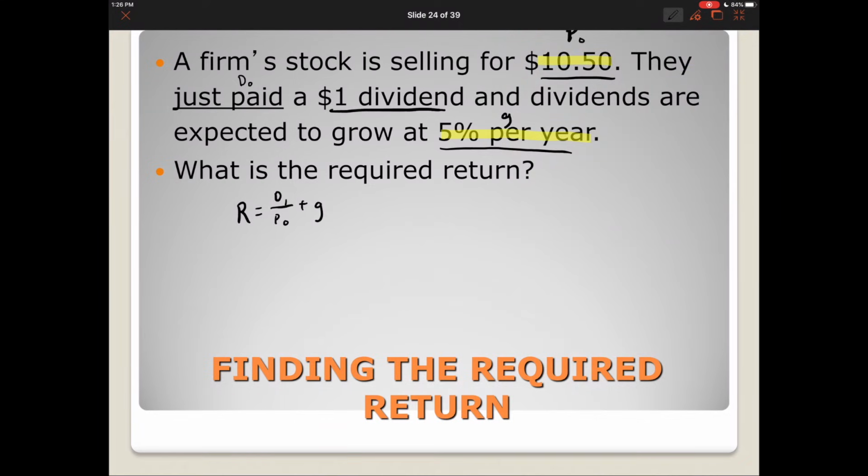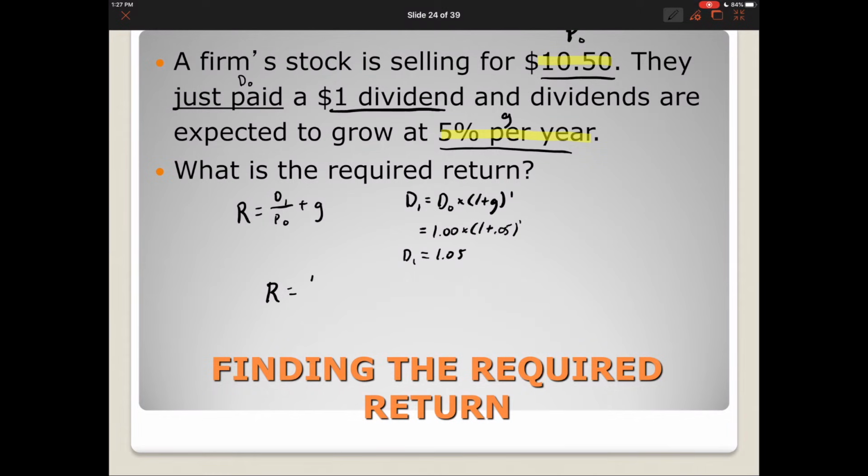So as we've done previously, to solve for D1, we take the dividend that we know, D0, and to go from 0 to 1, we're just going to compound this one period at a constant growth rate of 5%. So if the last dividend was $1, we compound it one period at 5%, the next dividend will be $1.05. So now that I know what next year's dividend is, I can go ahead and solve for the required rate of return.